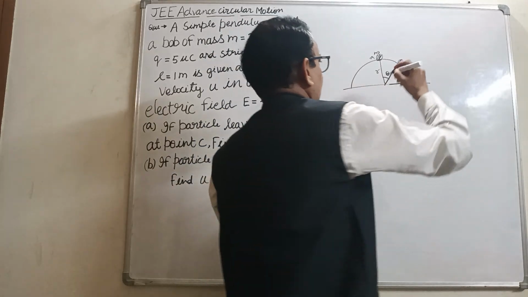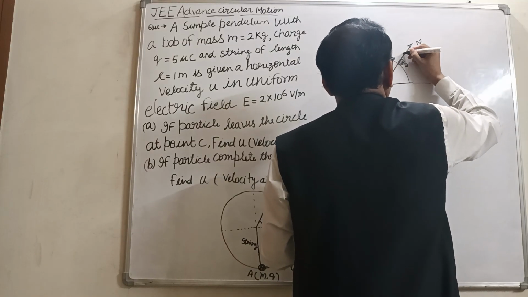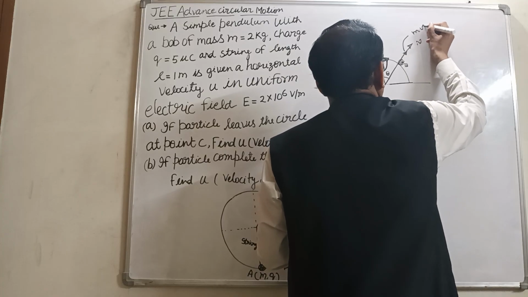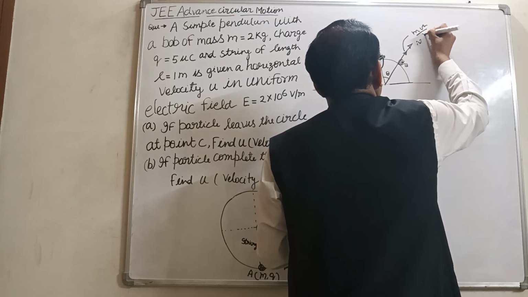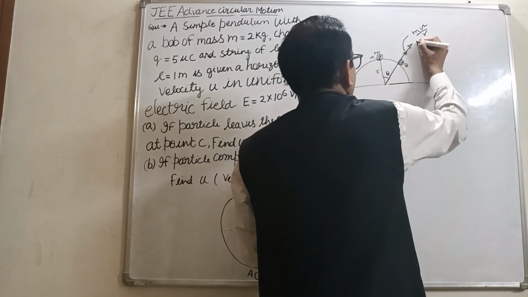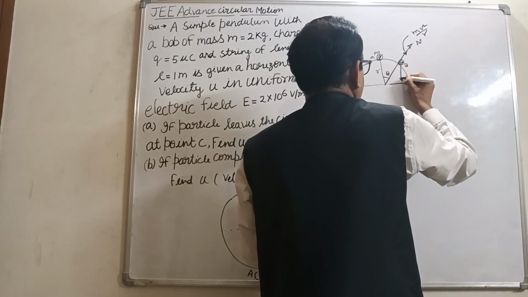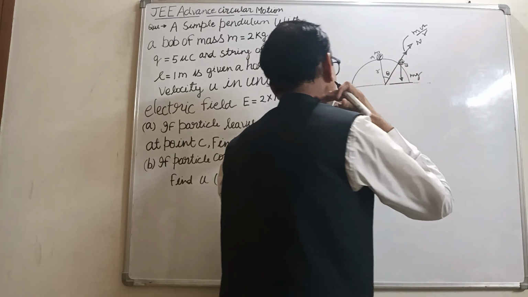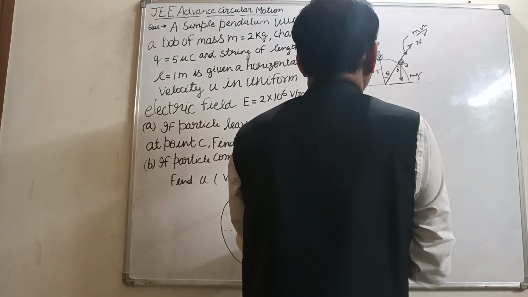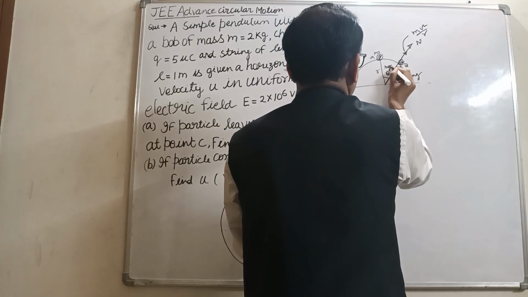When it reaches point B, the normal is acting and also the centrifugal force mv square upon r, with radius r. Here the initial velocity is 0. This is the normal, this is the centrifugal force, and mg is acting in this direction. This angle is theta, so this angle is also theta, and in this direction the component will be mg cos theta.